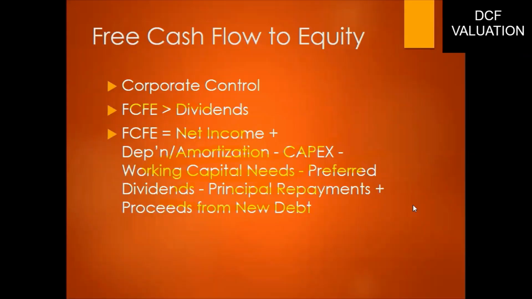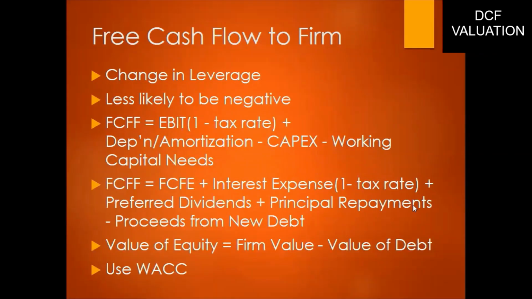Okay. Now, let's say there's no stable dividend policy, and there's another consideration: the company is changing leverage. We can have an alternative wherein we use the free cash flow to firm.